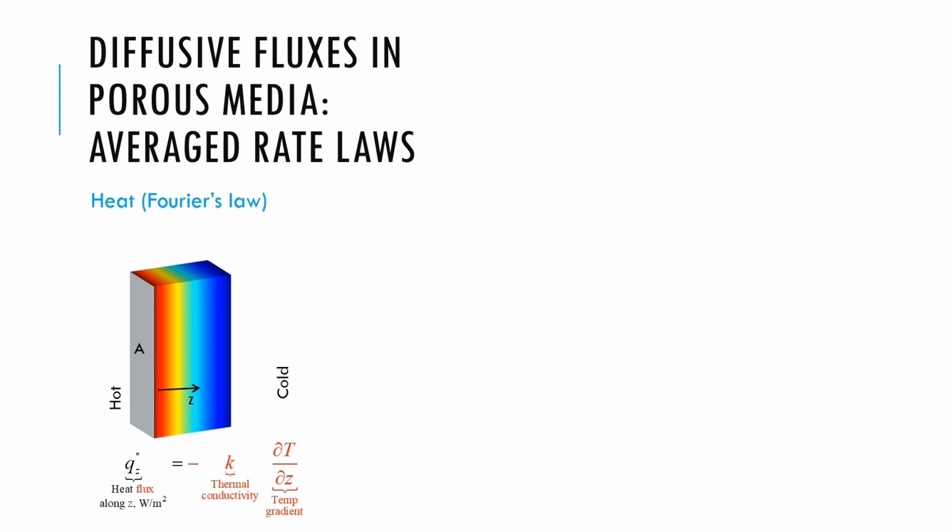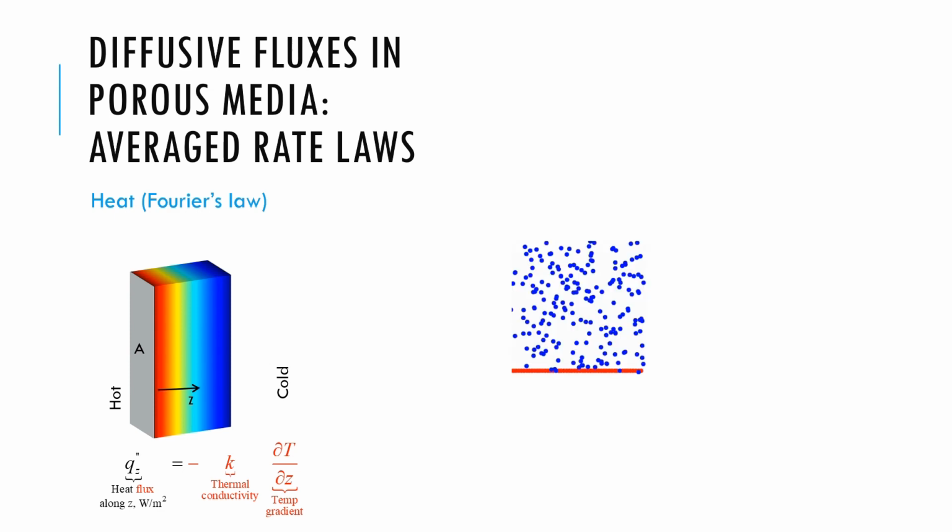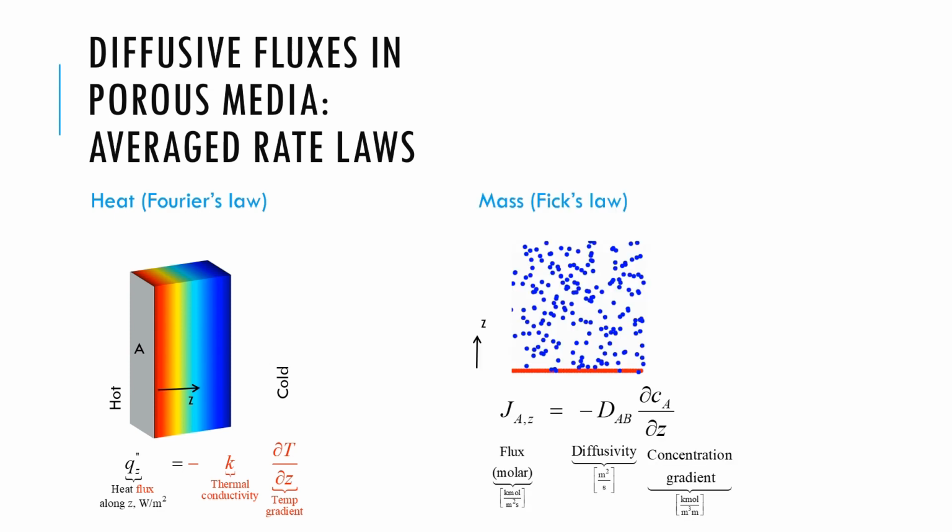We're not going to get into those theories. And so the two laws, one is for heat conduction shown here, and the other is for mass diffusion, where it goes from higher to lower concentration, Fick's law.